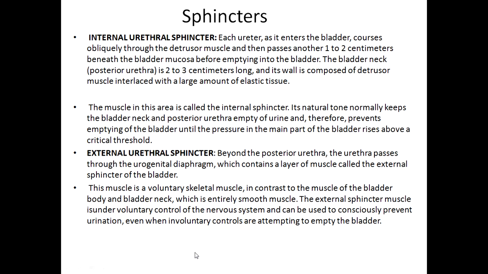So this is very important. Why? This external urethral sphincter is mainly under our control. Understand? Until we want to pass the urine, the urine will not come out, even if the internal urethral sphincter opens. So this is the difference between the internal urethral sphincter and the external urethral sphincter.